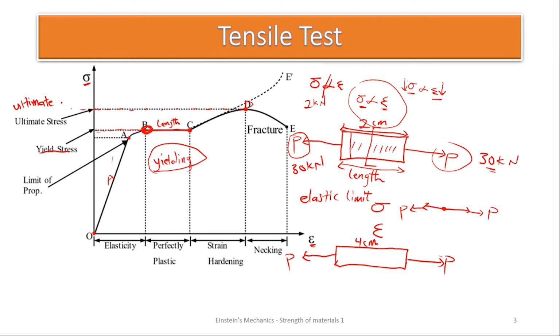It will help us know that, okay, from a force of 40 kilonewton, this material will fail. Even if I add 0.01 kilonewton, this material is going to fail. It is going to break. So I'll write it down as an engineer or as a designer. I now know the strength, the stress limit of this material. That's very good. So this place D is called the ultimate stress.